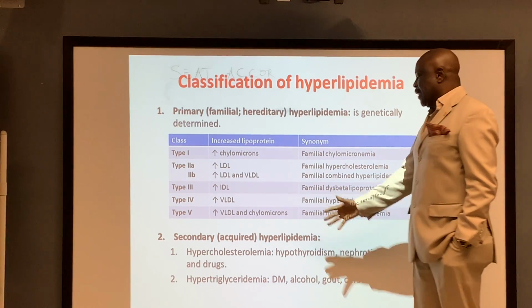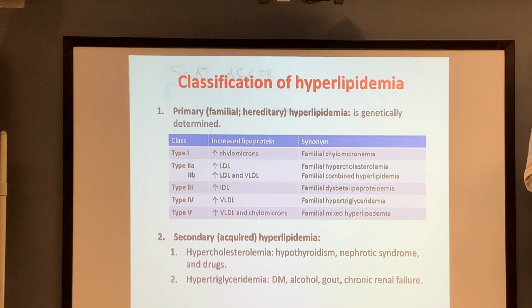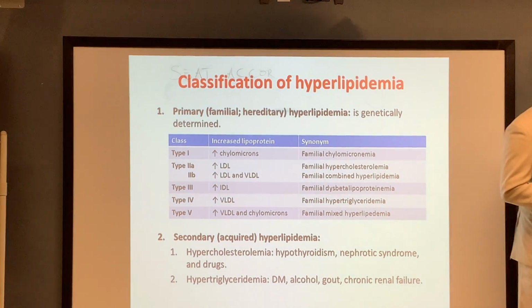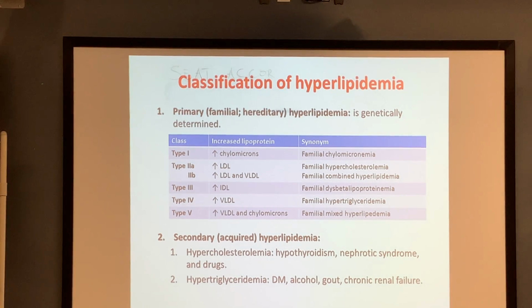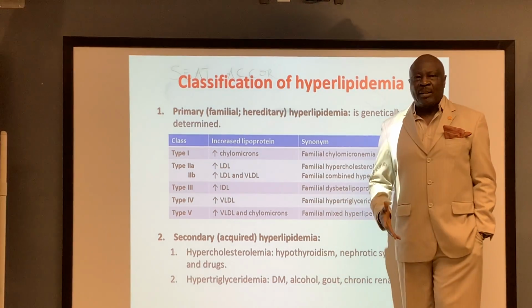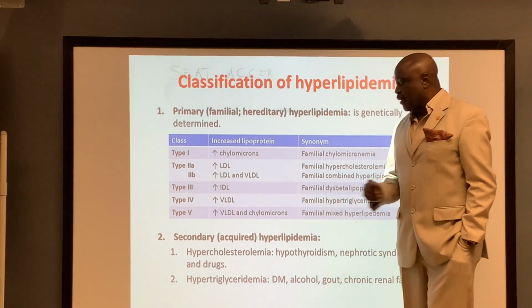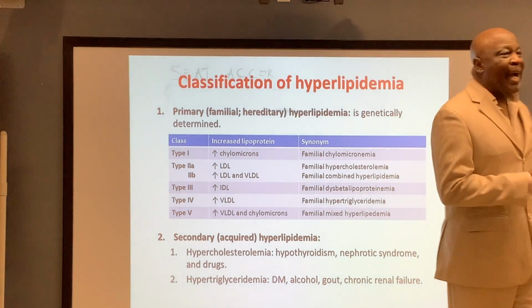In this case, secondary hyperlipidemia is acquired hyperlipidemia. And there is hypercholesterolemia, which can be caused by diseases and drugs, just like you have for hypertension. So in this case, what are the diseases that can cause hypercholesterolemia?